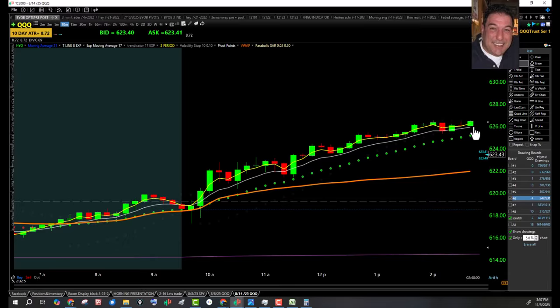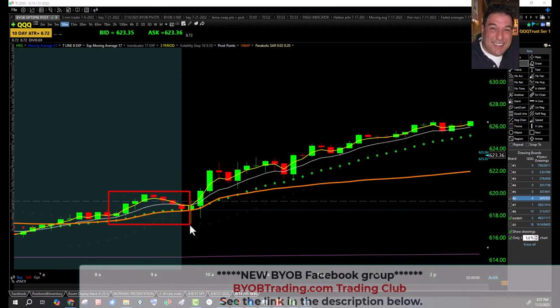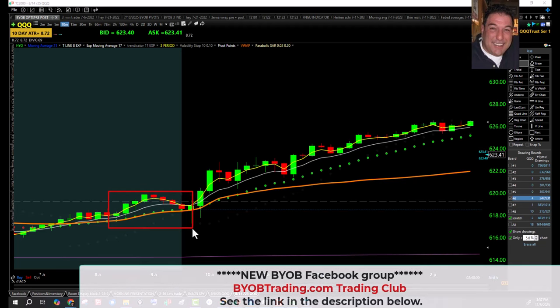All right, all the way up to 626. And you can see clearly, here's the green erases red. Red from the high to the pullback low. All right, if I got the drawing tools out and I found a green erases red, so from this high to this low right here. Okay, right there, you see the low.